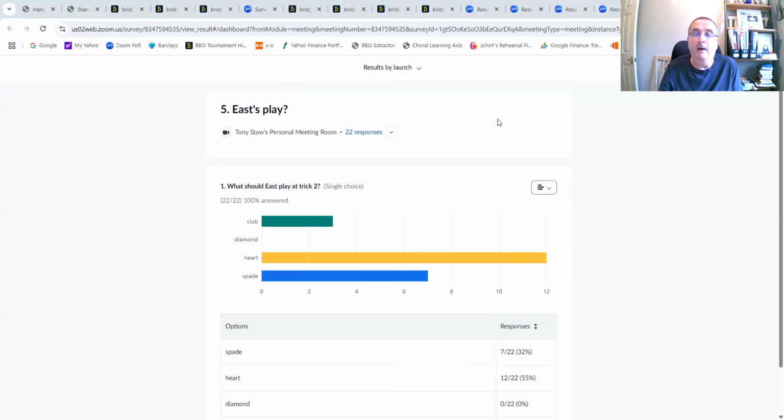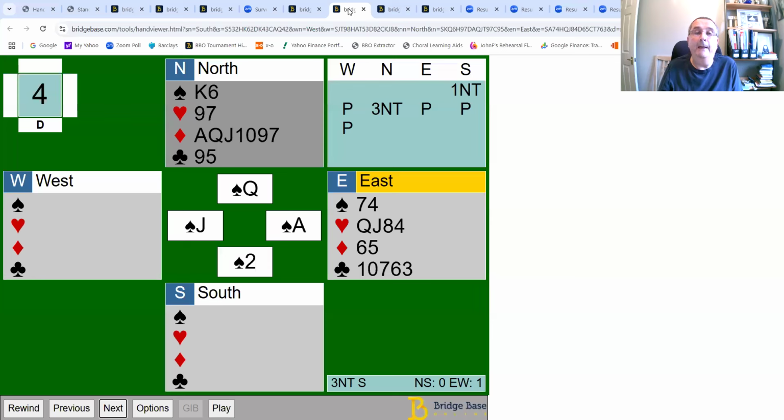So this time, the most popular response is a heart followed by a spade and a club. And let's switch back and see if we can work this out. Well, this hand is a little bit different from the last one because that diamond suit in dummy is probably already set up.